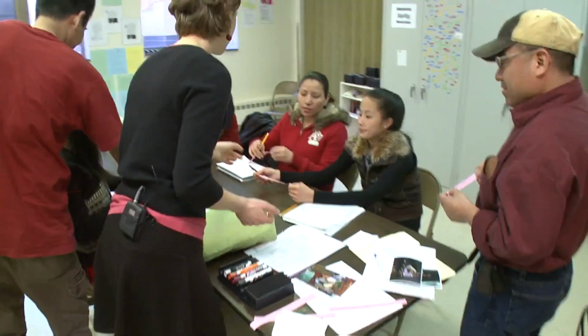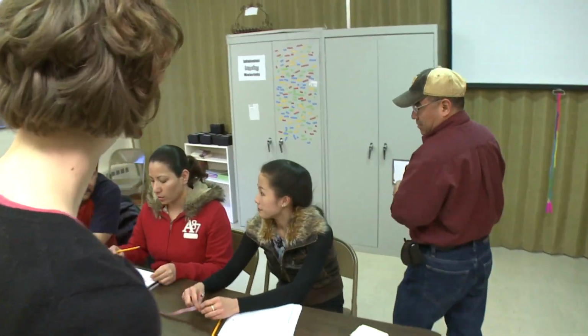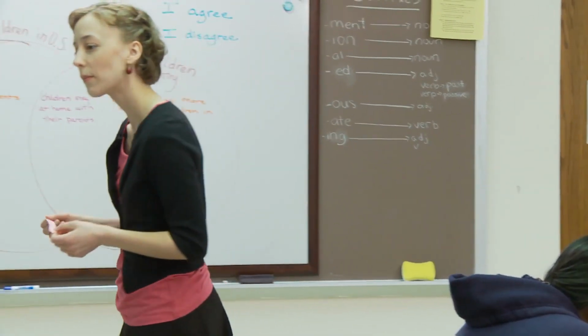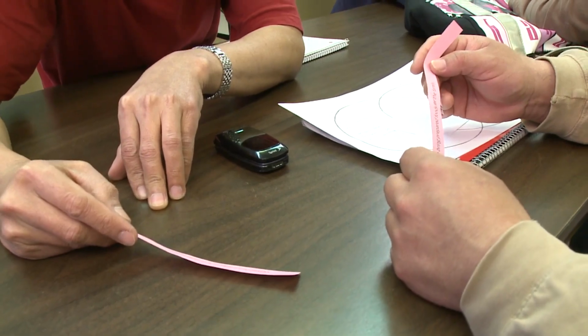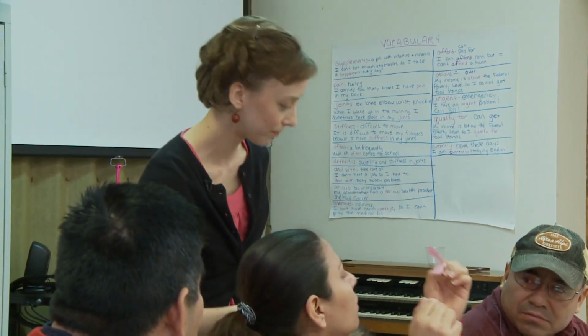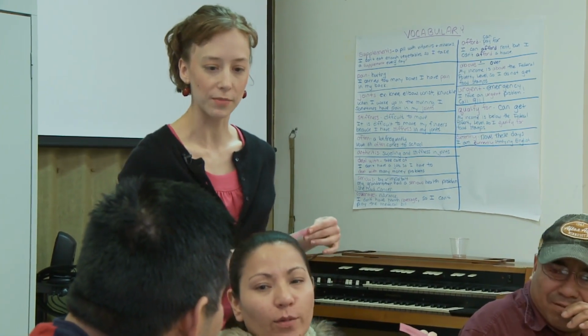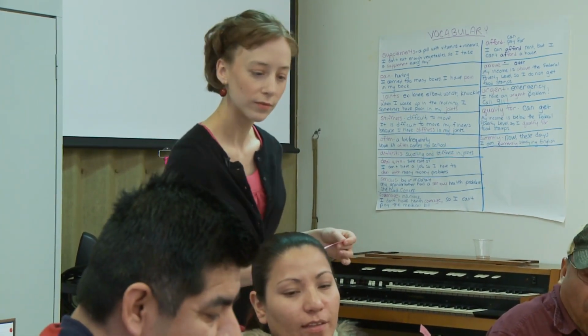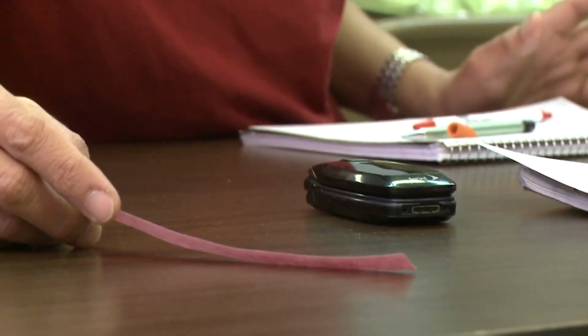Yes, those two go together. So I think you should go talk to Jose. Housewarming. Well, so something for the house. Yep, good. Something for the house. So a gift that is something for the house. But it's usually something for a new house.